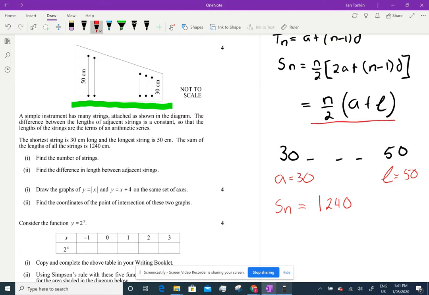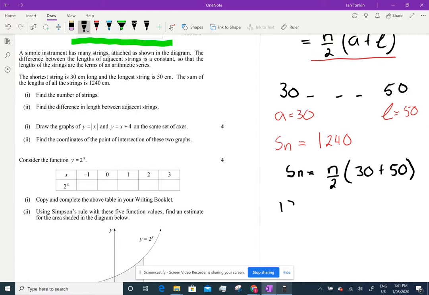So I'm going to use this formula. S of n equals n on 2, 30 plus 50. And I know that's 1240 equals n on 2 times 80.